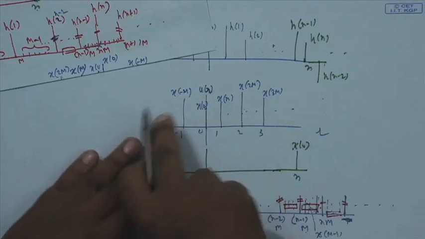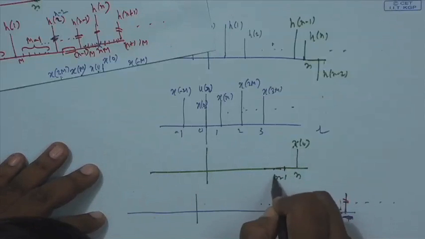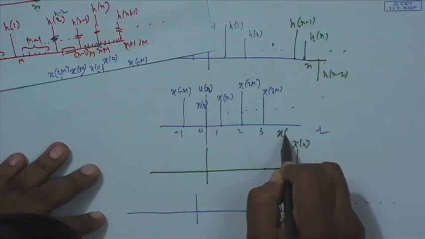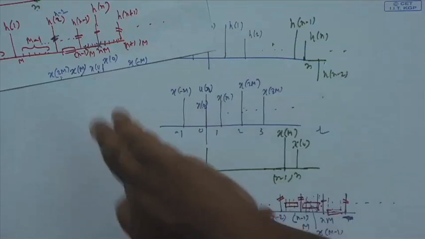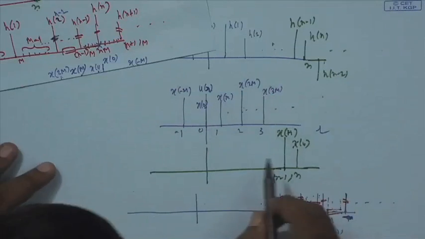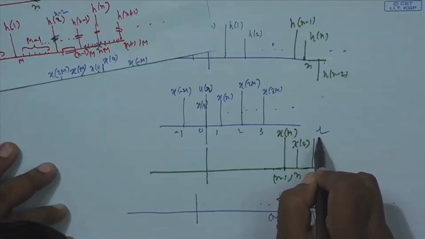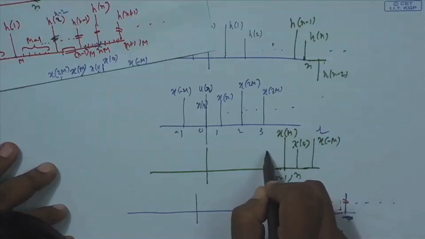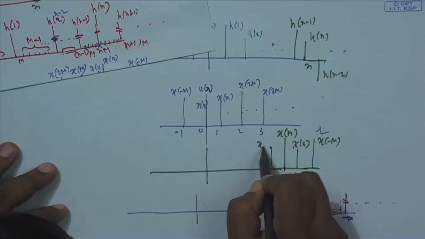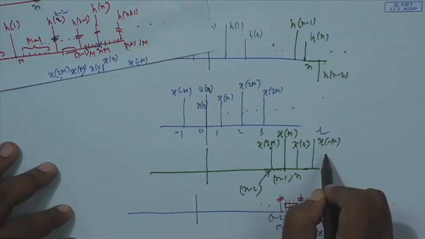You have flipped, so x capital M has gone to this side. So, now you shift means at n minus 1, x m will come, because after flipping x m has gone to this side, this has gone to this side, then you are shifting. And before x 0, here it will be x minus m, then x 2 m, this is at index n minus 2 dot dot dot dot.